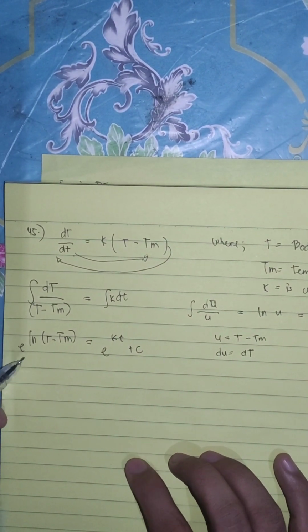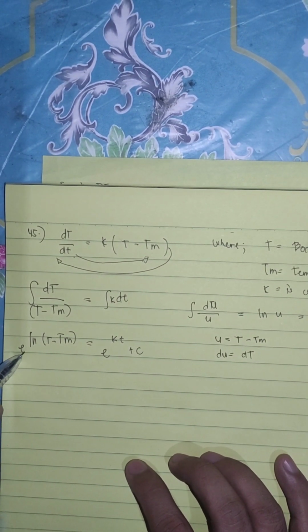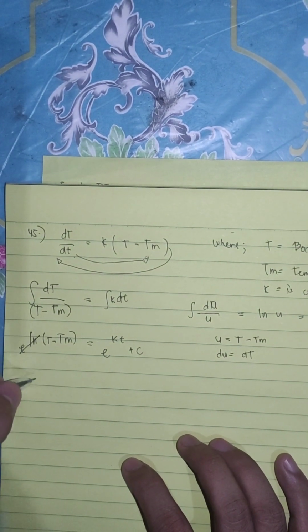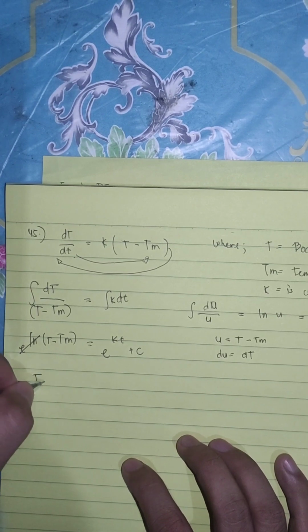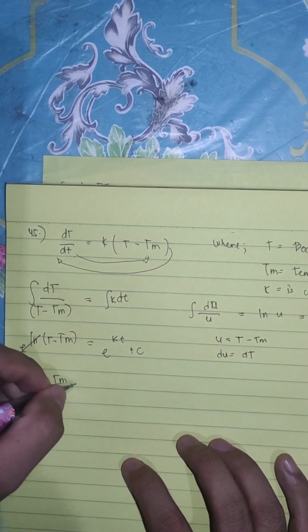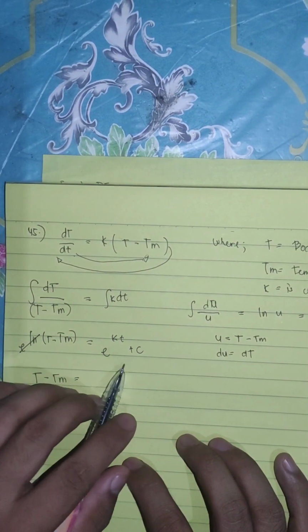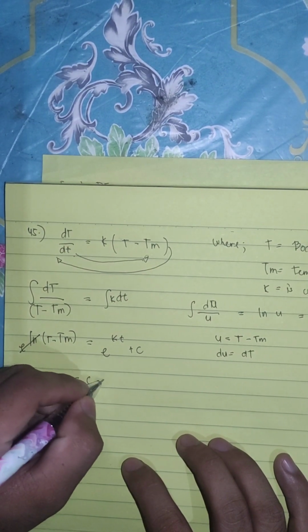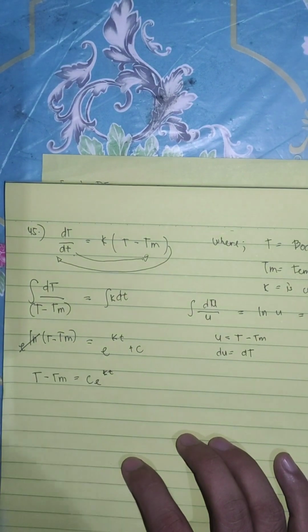So proceeding here, we raise e to both sides so that we can get rid of the ln, and we have T minus Tm equals C e to the kt.